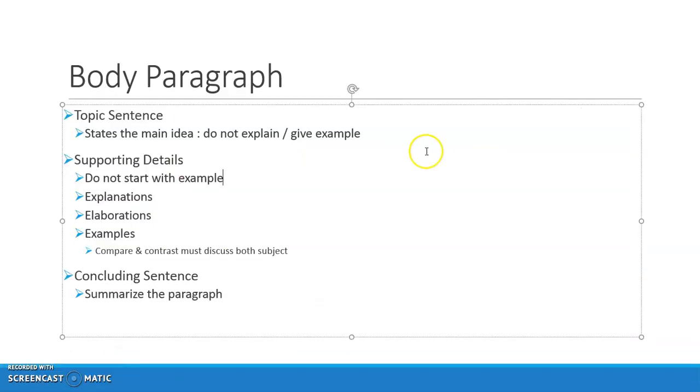For a compare and contrast essay, you should bear in mind that you have to discuss both subjects, because by comparing and contrasting, you're comparing two different subjects.